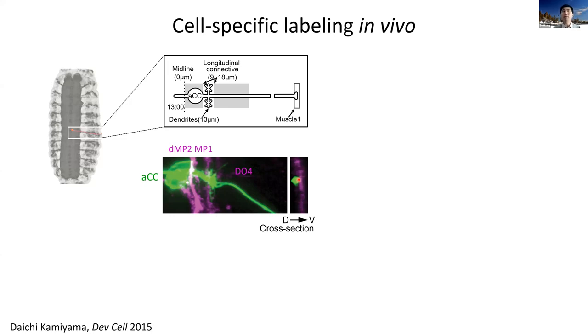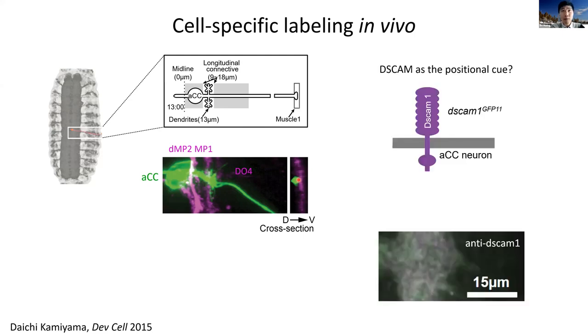Then, from genetic analysis, he identified that the signaling molecule between these two neurons would be DSCAM, the protein DSCAM, or Down syndrome cell adhesion molecule. DSCAM is a very famous cell surface molecule for Drosophila because it's involved in neurons recognizing themselves.